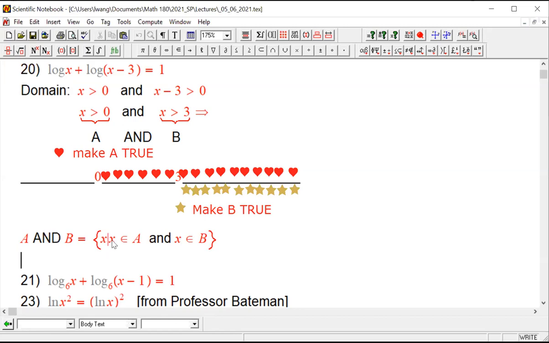If X is in A, X is greater than 0, and X has to be in B. Both have to be true.